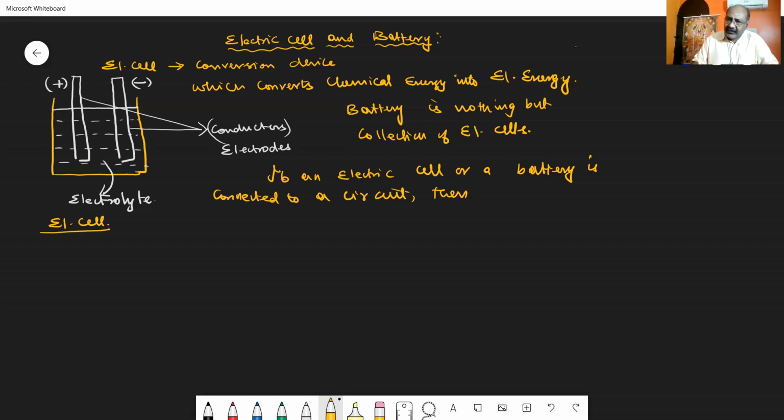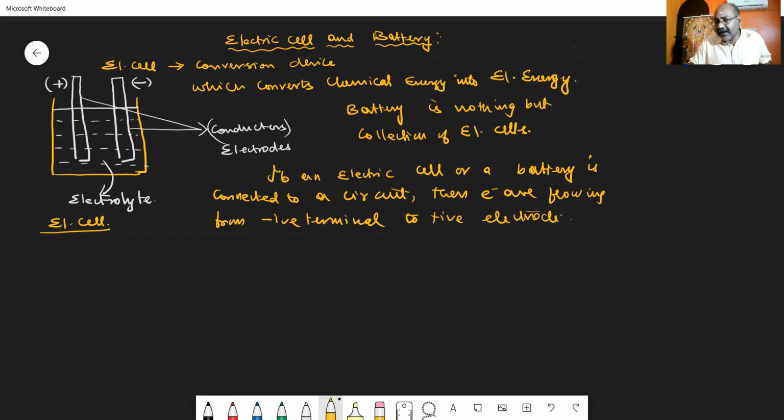Electrons are flowing from the negative electrode to the positive electrode of the battery or the cell.